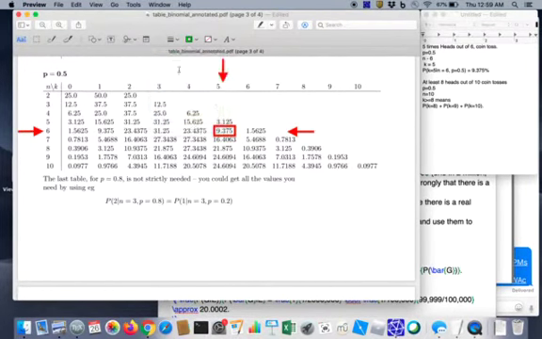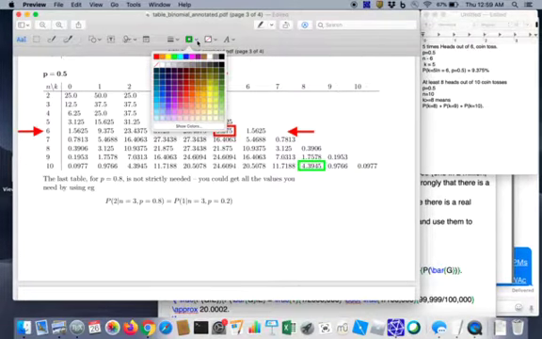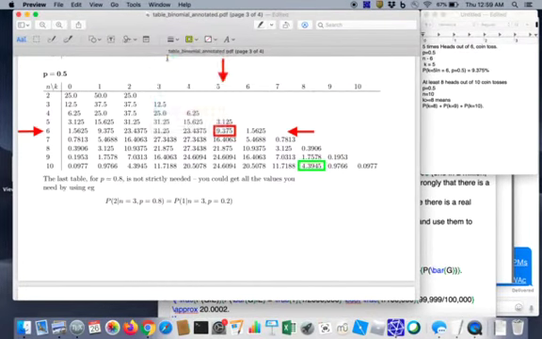Let's see, a green one. That's my first one. And a yellow. That's the probability for 9 heads.